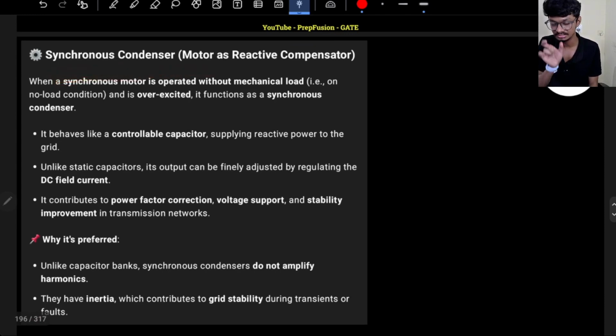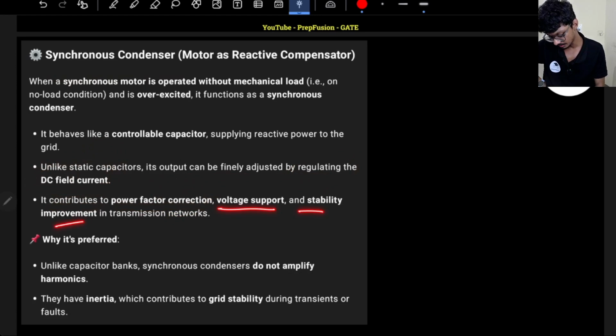Synchronous condensers are motors used as reactive compensators. They behave as a controllable capacitor because I can control how much reactive power I supply with the help of field current. Unlike static capacitors, the output can be finely adjusted by regulating the DC current. It contributes to power factor correction.